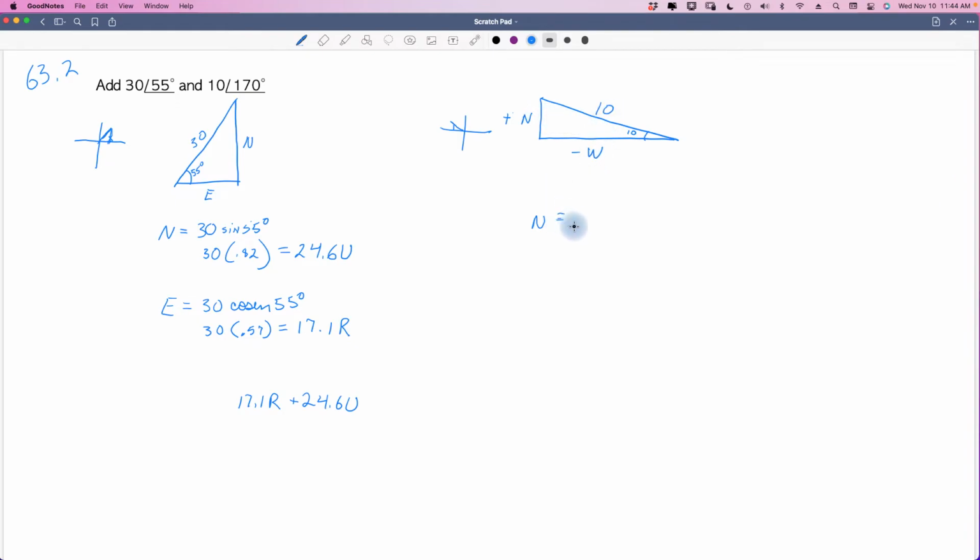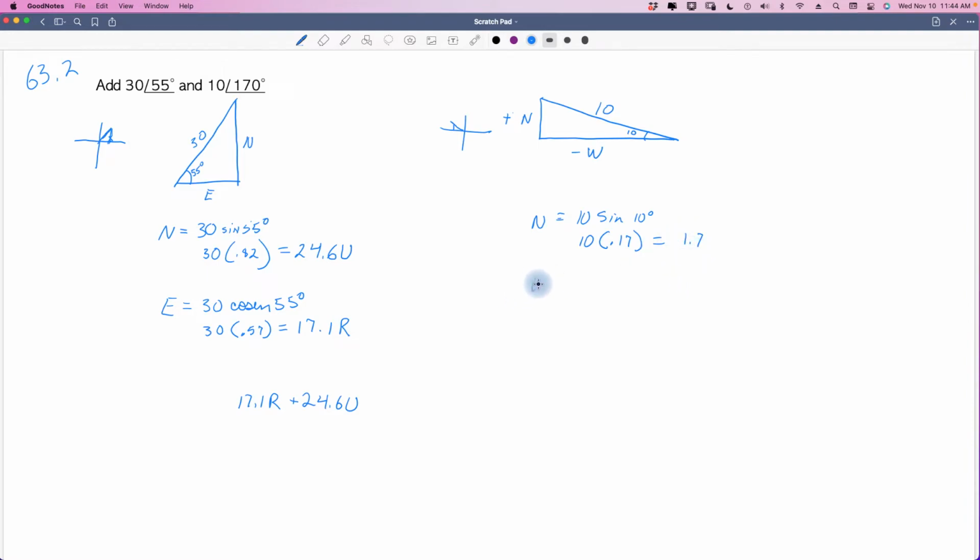So that's going to be 10 times the sine of 10 degrees. All right, and then the sine of 10 degrees is 0.17. I keep hitting that stinking button. So 10 times 0.17, which we can do in our head, becomes 1.7.